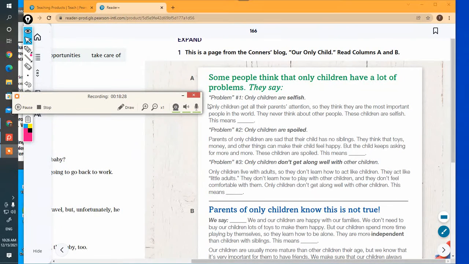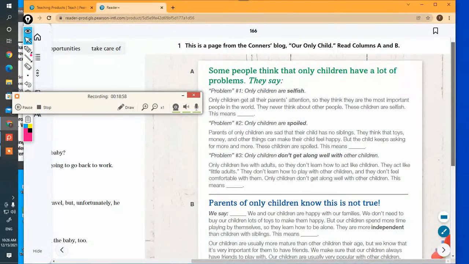In number 2, some people say only children are spoiled, and then we have a description of what makes a spoiled child. And in number 3, only children don't get along well with other children, and then we have a description of what it means when you do not get along well with other children or other people.